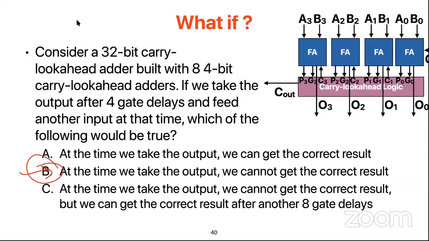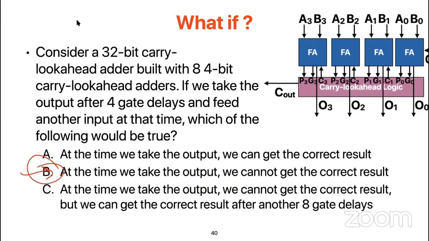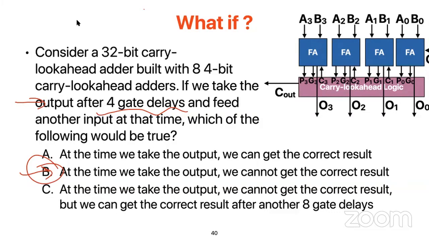Okay, so here's the thing. When we try to take output after 4 delays, and for the carry look ahead adder, how many gate delays do we need? We need a total of 16 gate delays.